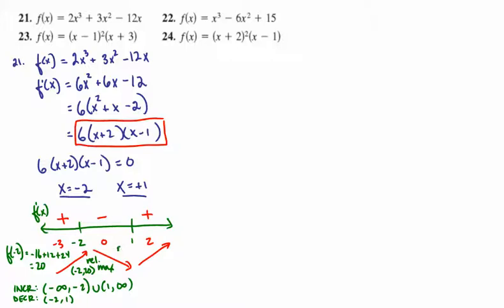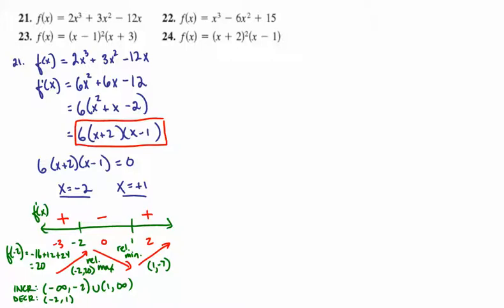The relative minimum is at positive 1. So we plug into the original function, we get 2 plus 3 is 5, minus 12 is negative 7. So that appears to be at 1, negative 7. So we've found the critical numbers, negative 2 and positive 1.